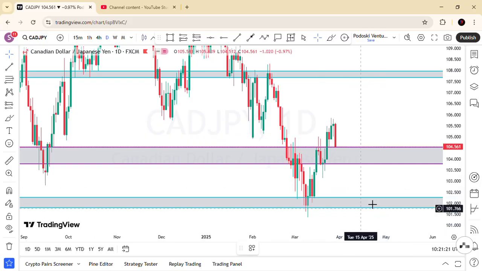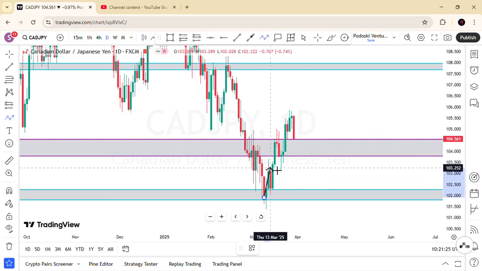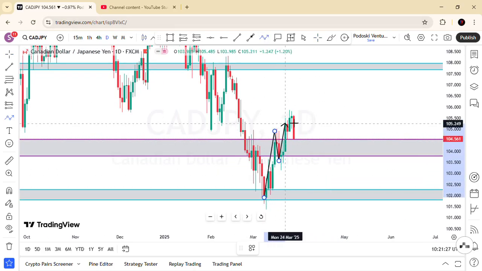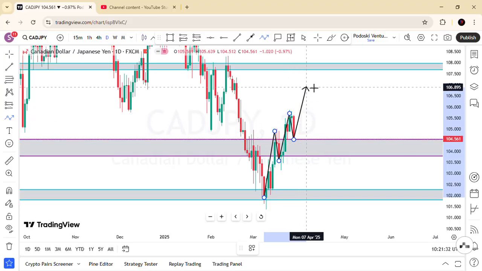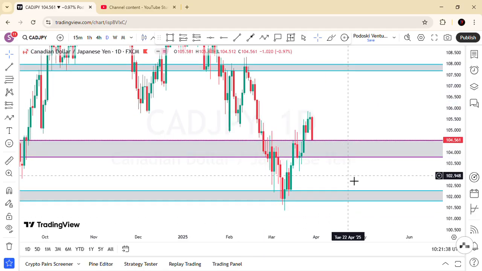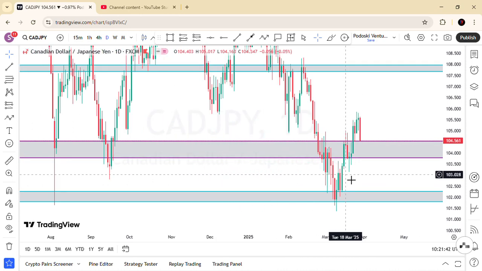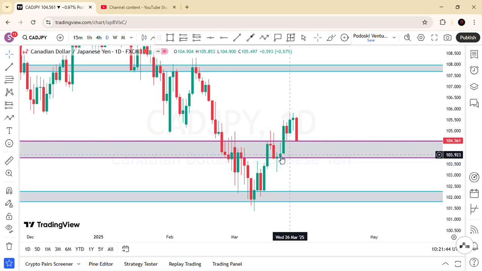So you should be expecting something like this again. And if you see on the daily time frame, price is at a monthly midway zone. It first broke out of the zone and now it dropped all the way to this zone.